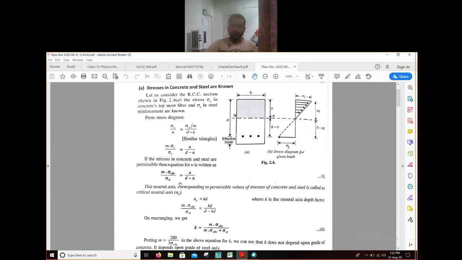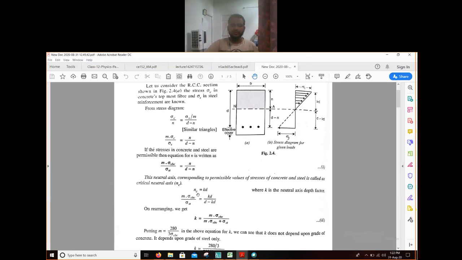If you are considering sigma cbc from the IS code and sigma st from the IS code, then whatever neutral axis you get is your critical neutral axis. There is a formula for critical neutral axis, nc, n for neutral axis, c for critical. It is equal to k into d.